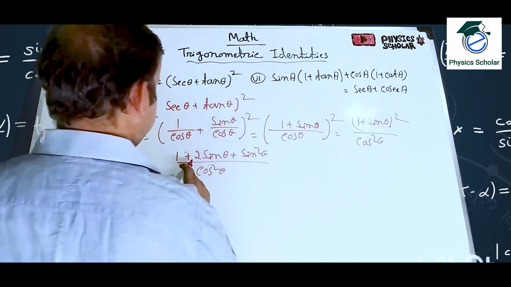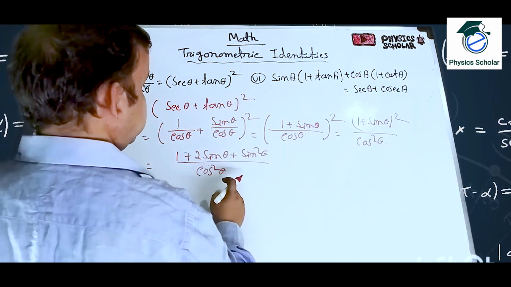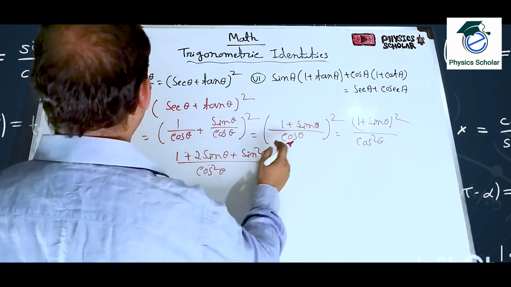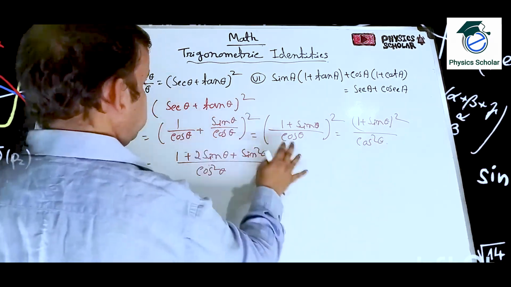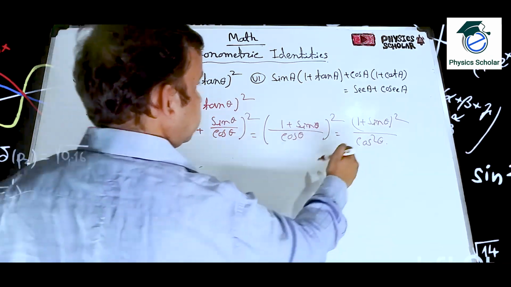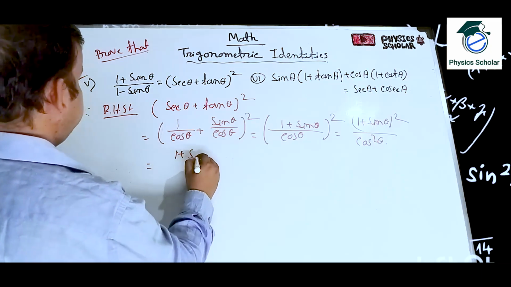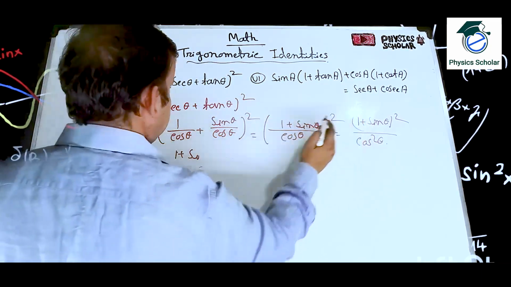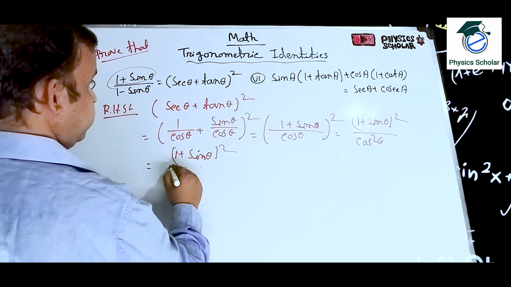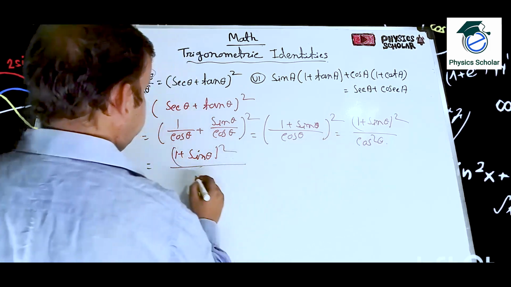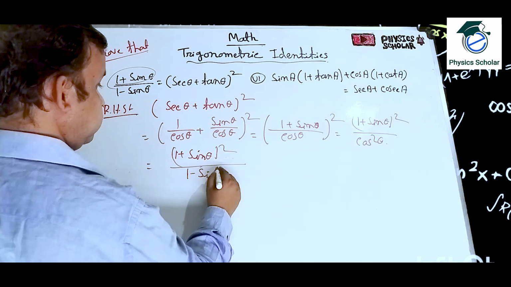So 1 plus 2 sin theta... (1 plus sin theta) whole square divided by 1, okay. So we don't have to do this, okay. Because 1 plus sin theta is there, already it has come. So (1 plus sin theta) whole square divided by cos square theta, and cos square theta means what? 1 minus sin square theta.